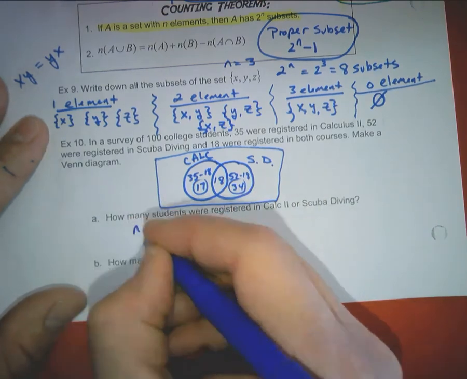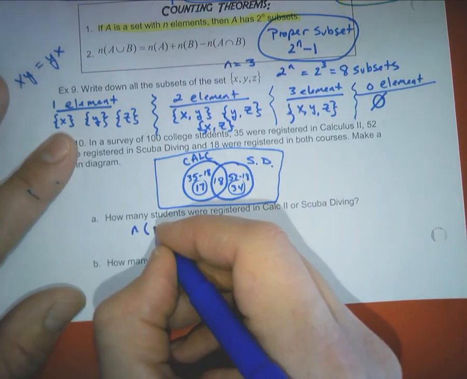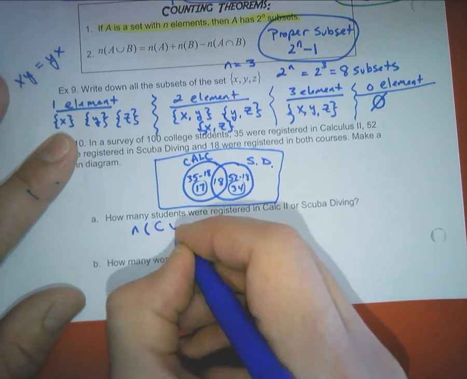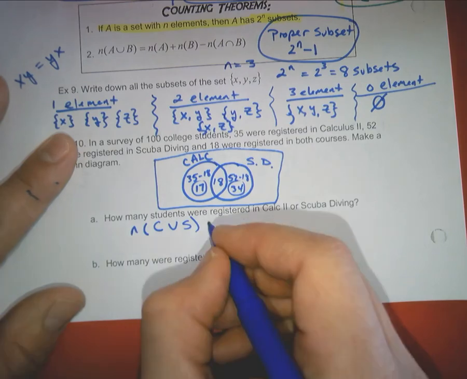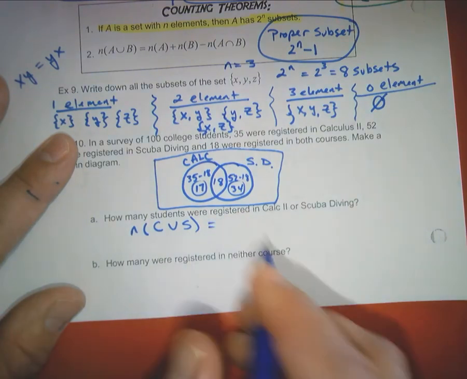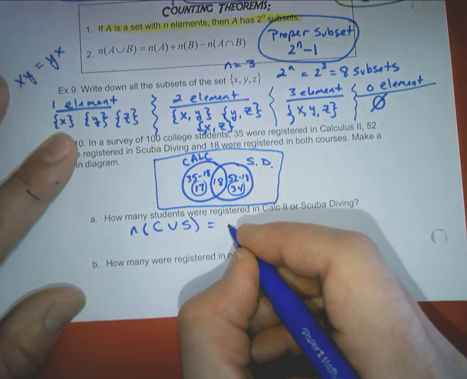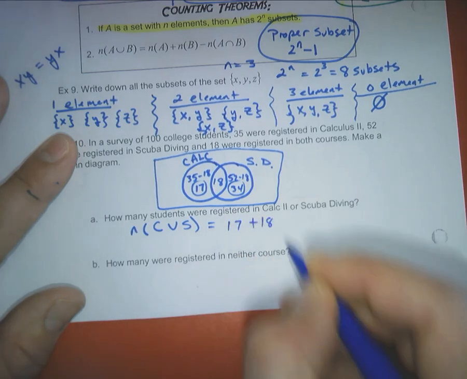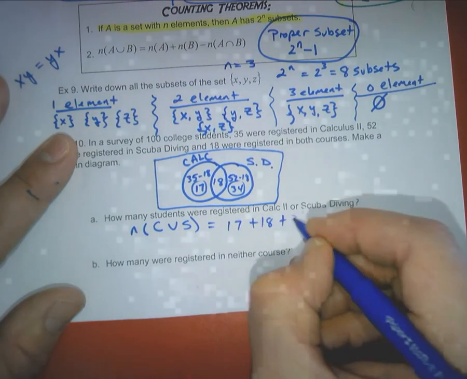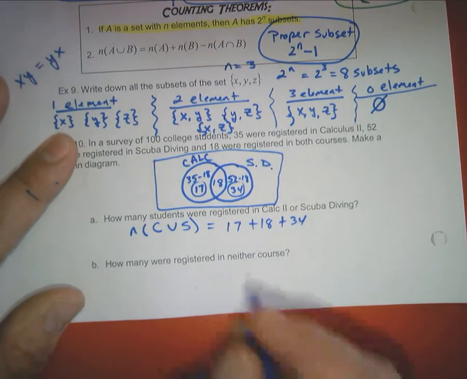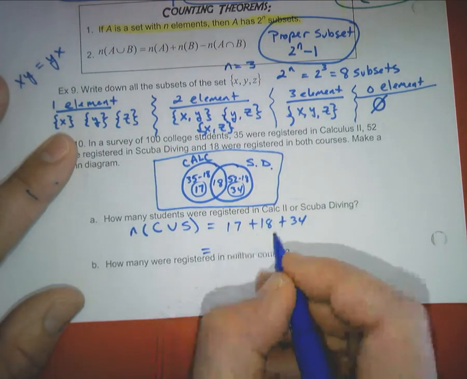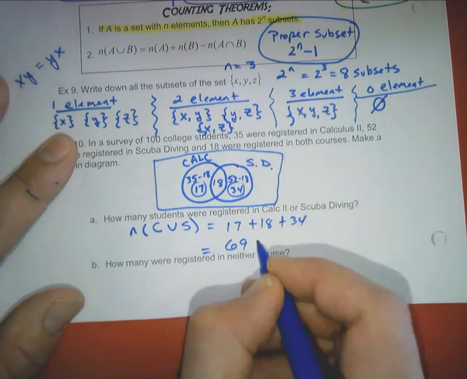So if I want the number, I'm going to do C union S for calc and scuba diving, right? Then I'm going to go ahead and add these guys up. I'm going to take 17 plus 18 and 34. So that's 35 plus, what is that, 69 students?